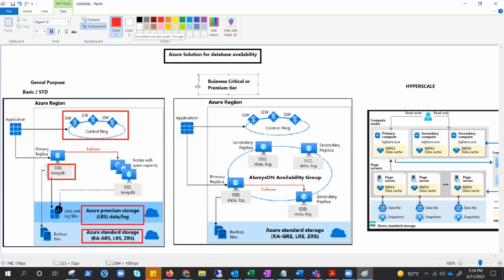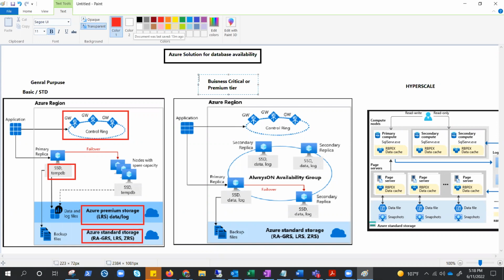Business critical is meant for mission critical application that need low latency and minimal downtime, right? Whenever we create architecture and talk to the customer regarding Azure SQL, whenever it's mission critical, we always recommend, because this is what Microsoft recommends, the premium or business critical service tier, which is of course expensive, but it's a trade-off, right?